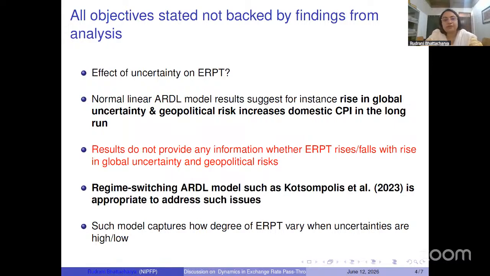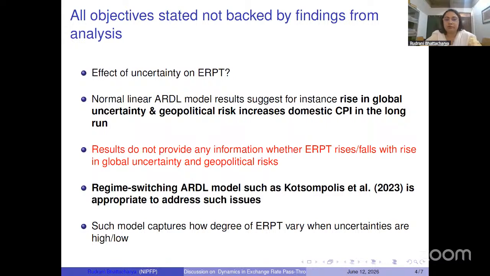It just says that when there is a change in the exchange rate, how much it is going to transmit to export price, import price, and domestic prices. It doesn't say how that degree of ERPT depends on the uncertainty. The methodology used actually controls for the uncertainties, and says that once those are controlled, this is the amount of ERPT. But it doesn't say how the ERPT can depend on the uncertainties.